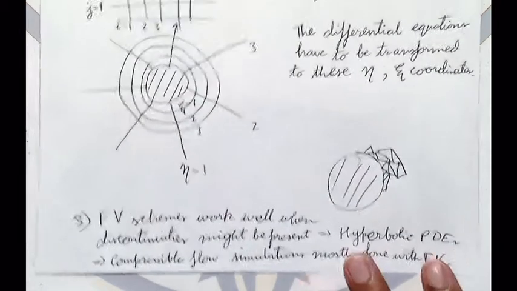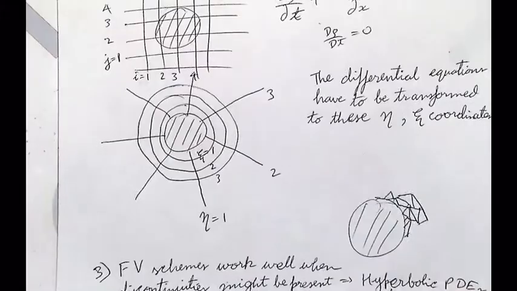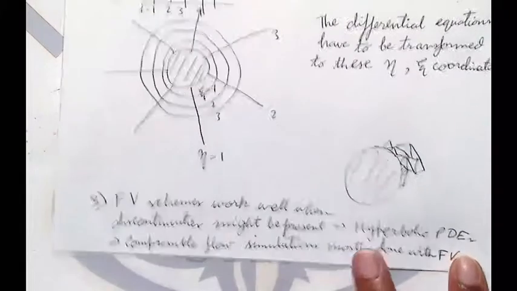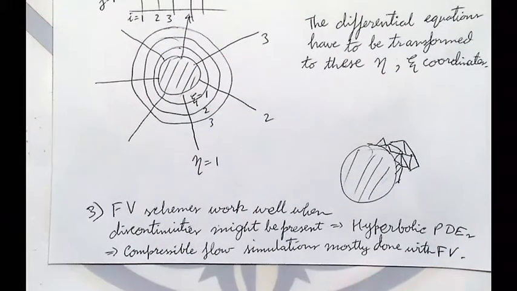Again, with every advantage comes a disadvantage. The disadvantage is that finite difference schemes are very simple to implement. We just divide our domain into points and evaluate the PDE. But with finite volume schemes, it becomes slightly more complicated, and we will see how that happens.